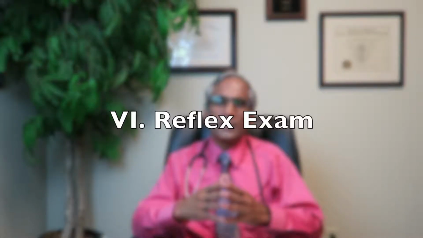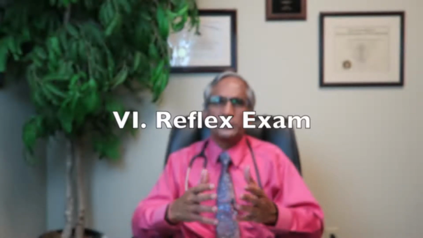Once the cerebellar examination is over, we'll do the reflex examination, which primarily consists of doing the deep tendon reflexes. Use a good quality knee hammer to elicit the reflexes.